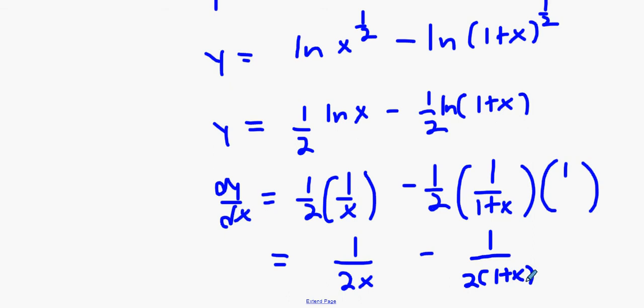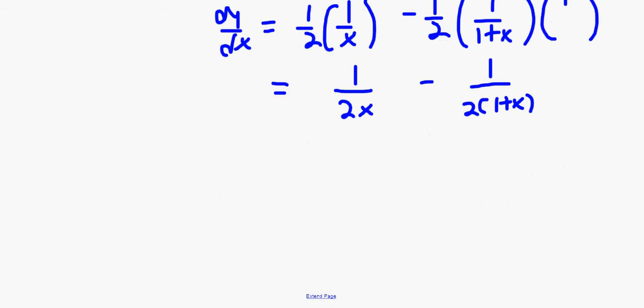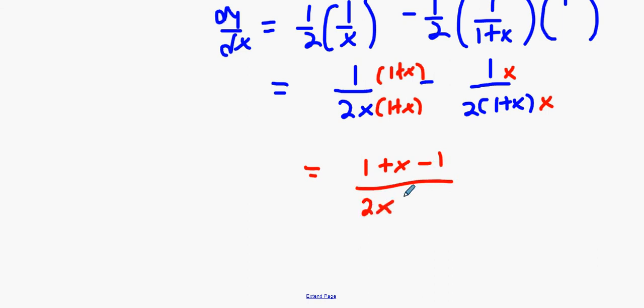Alright, how do I get one fraction? Put an x there and a 1 plus x here and here. And what are we going to get now? 1 plus x minus x all over 2x into 1 plus x.